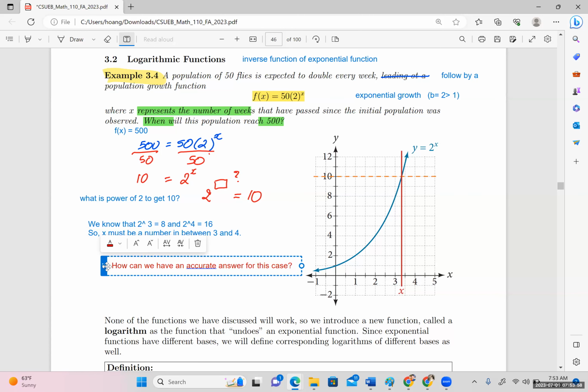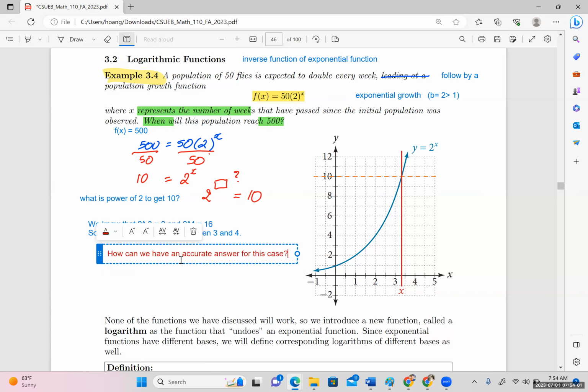Right. We must use the log function to help us. Okay. So now let's learn about log.